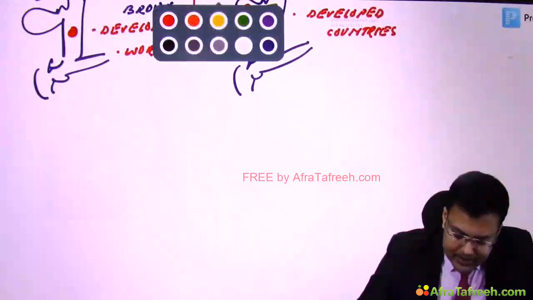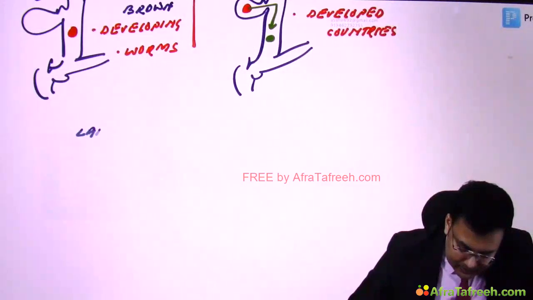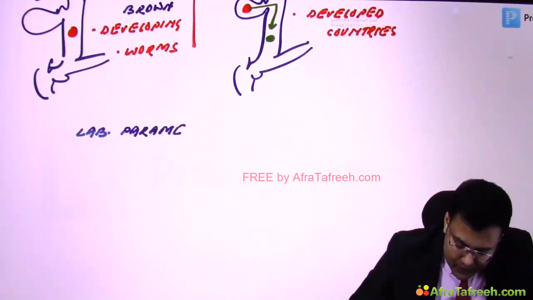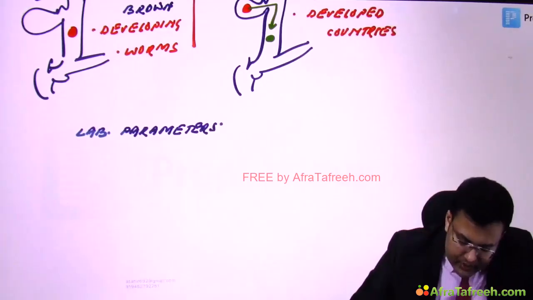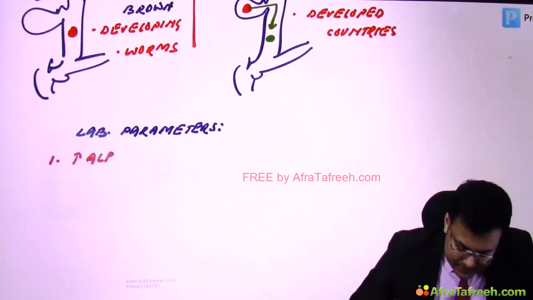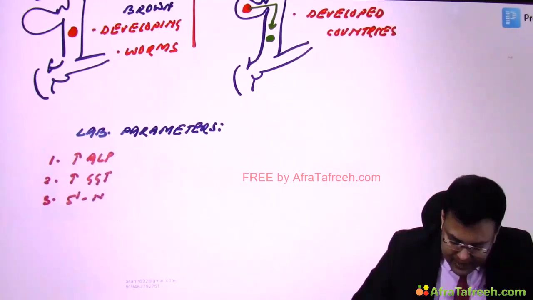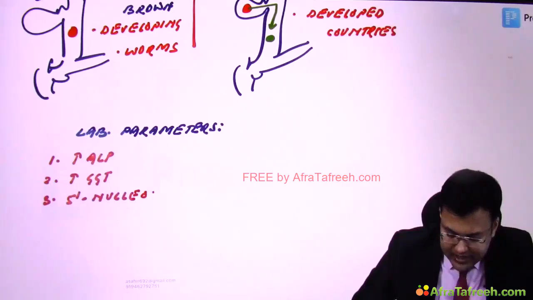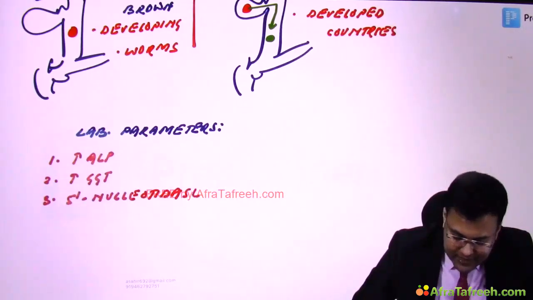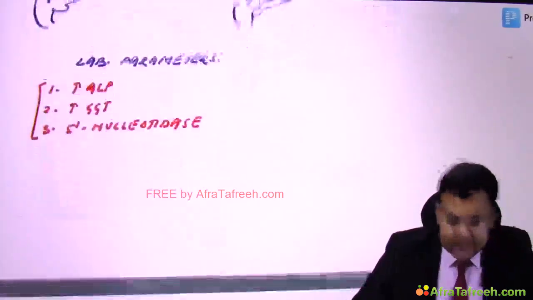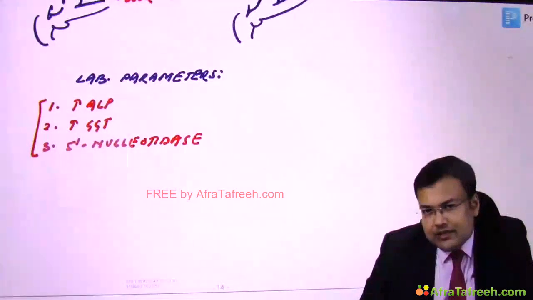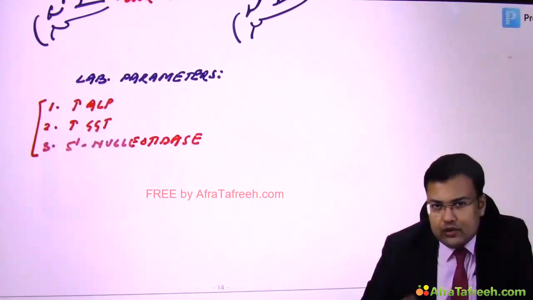So first, there is raised ALP. Second, raised gamma glutamyl transpeptidase, and third, 5' nucleotidase.